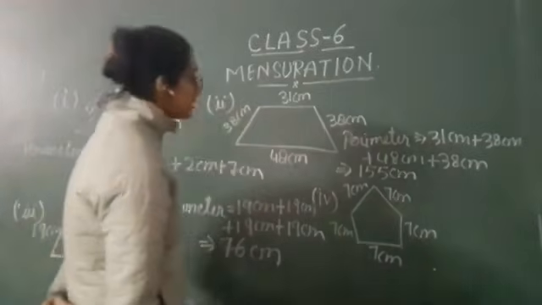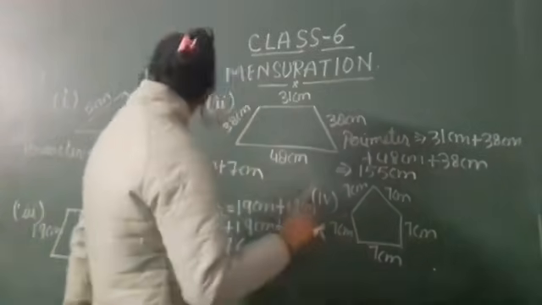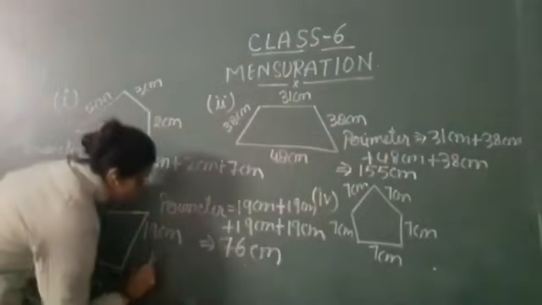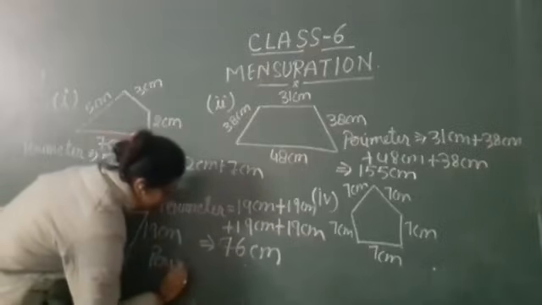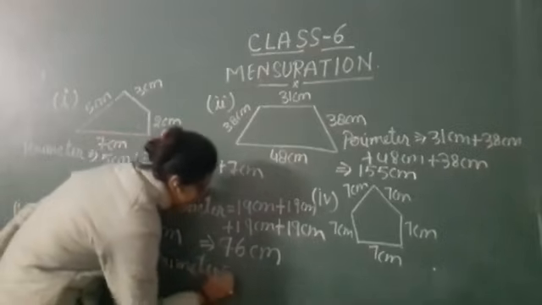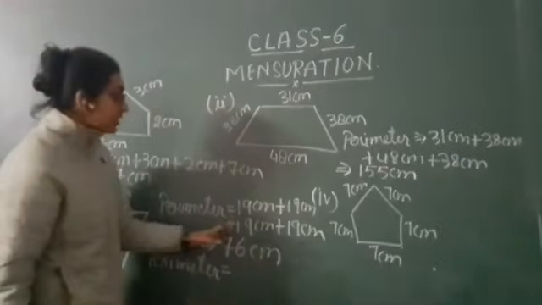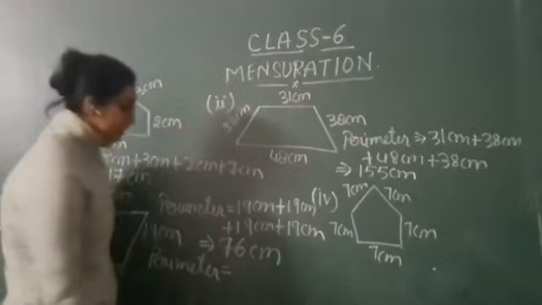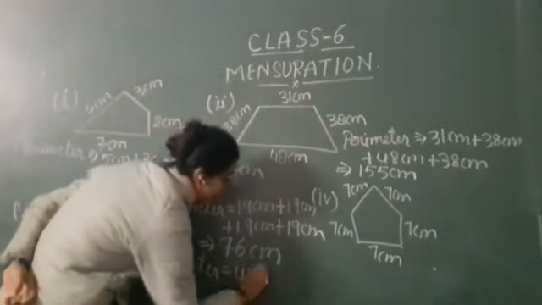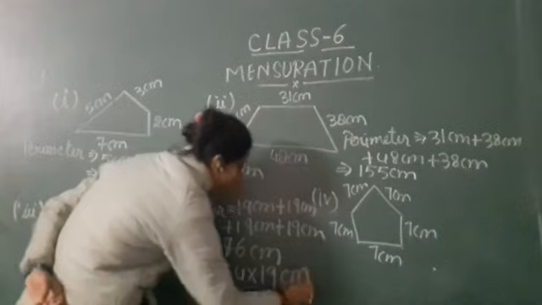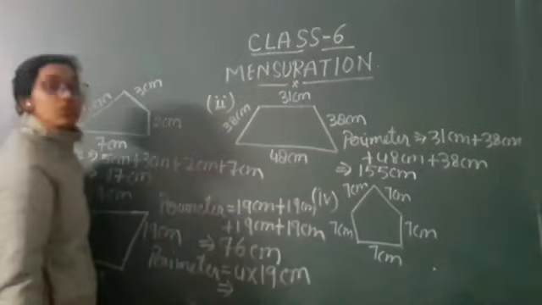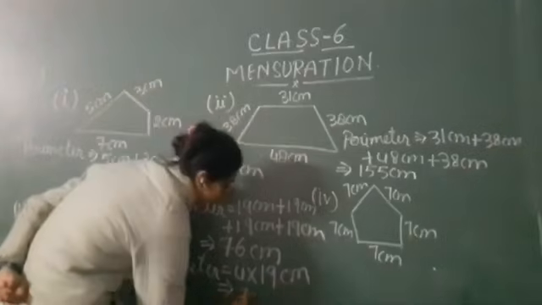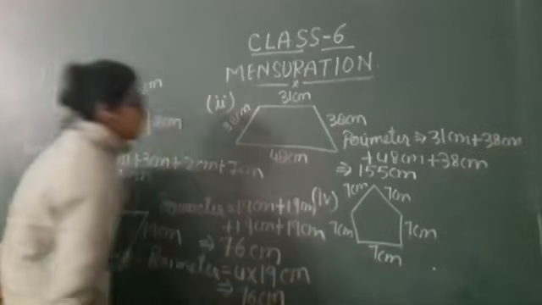Now moving to the last part of this question. First of all, in the third part, you can also do it like this: perimeter, how many sides are given? 4 sides are given. So 4 into 19 centimeter, that will be equal to what? 4 into 19 will be 76 centimeter.